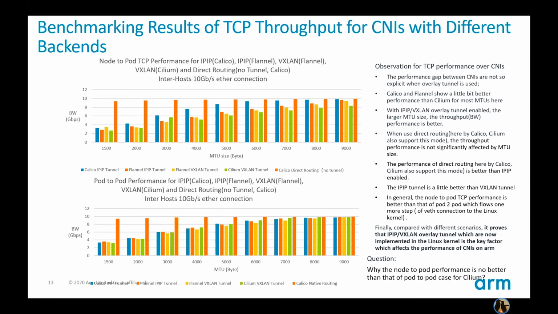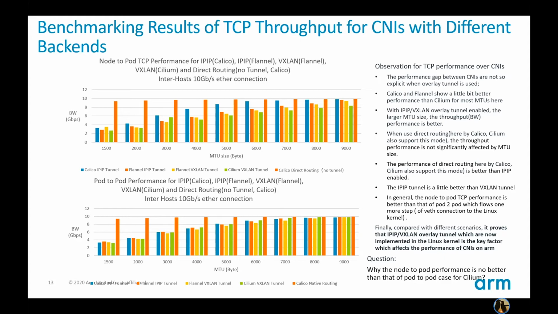With the IPIP and VXLAN overlay tunnels enabled, the larger the MTU size, the better the throughput performance. When you use direct routing, the throughput performance is not so significantly affected by the MTU size. You can see that even with a small MTU, such as 1500, we still have good performance compared to the large MTU.